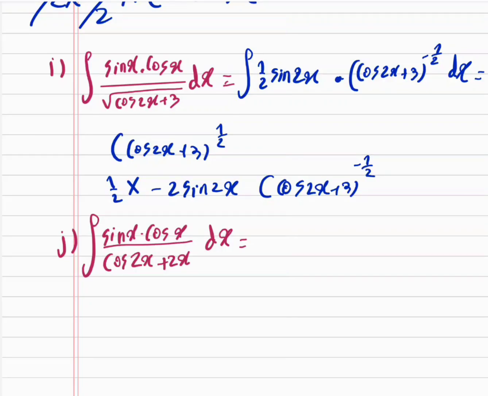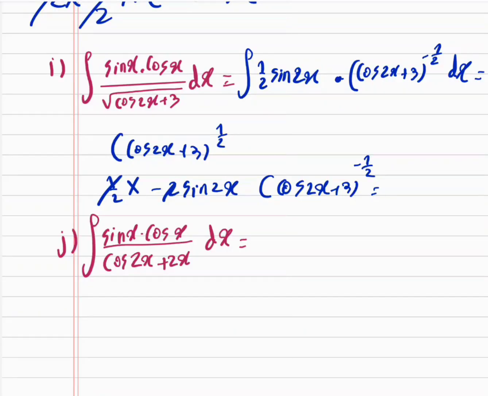Now, when we simplify this, a half times minus 2 is just basically minus 1, and we have minus sin 2x.